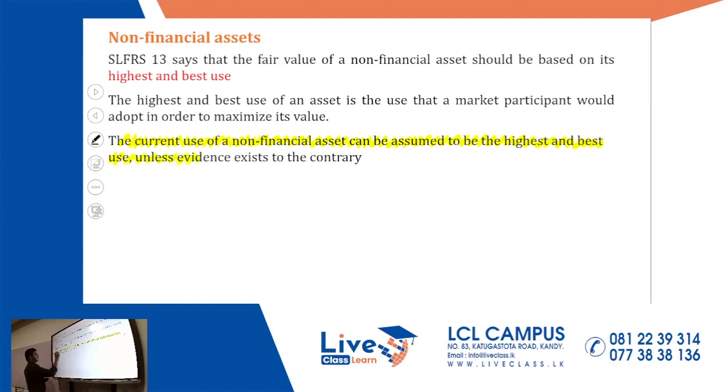The standard says the current use of the non-financial asset can be assumed to be the highest and best use unless evidence exists to the contrary. If there is no evidence against your assumption, you want to use the current use as the best use.